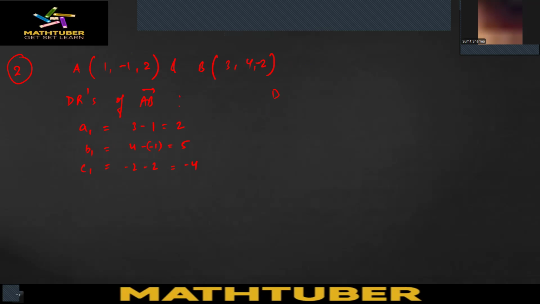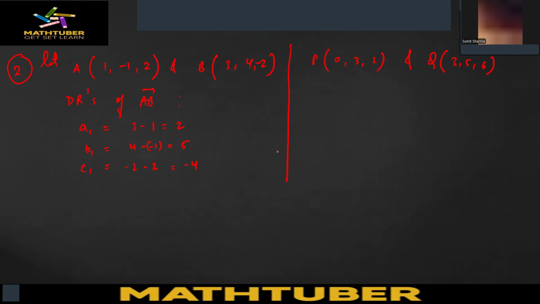Similarly, if we take another two points, let us take them as P and Q. Let P be 0, 3, 2, and Q as 3, 5, 6.